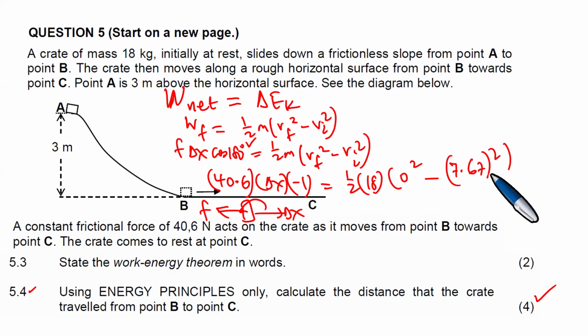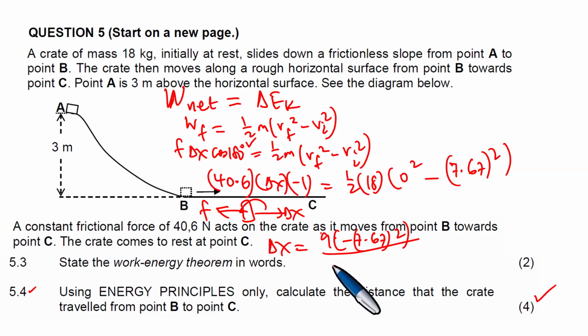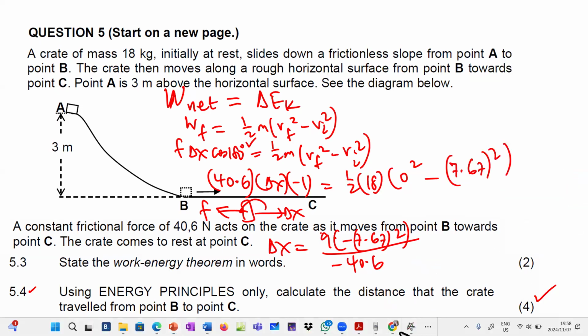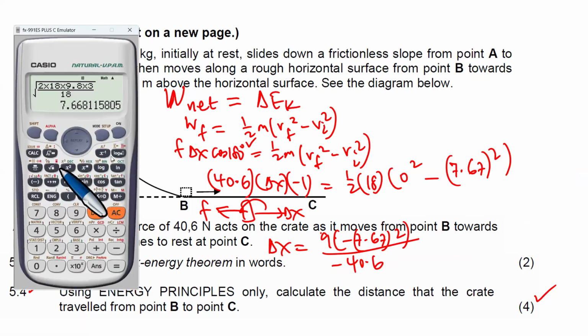The initial velocity is what we got, which became 7.67 squared. And therefore, we're interested in finding delta X, which is 9 minus 7.67 squared divided by minus 40.6. Let's use a calculator to check this out.